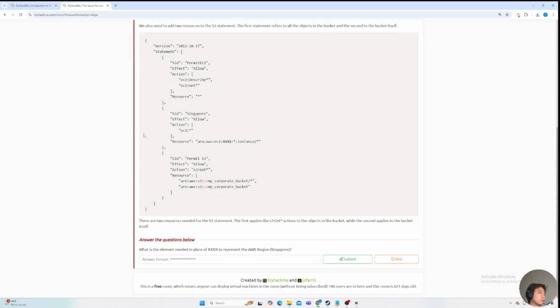And this is the statement we have. Again, we have this one separate for EC2 instances. We have another one for EC2 instances. And then this one is for the S3 buckets.